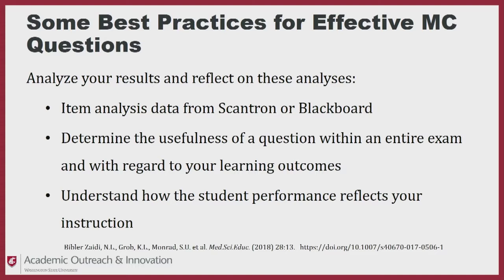Then you have the ability, in most cases, if you're using a test on Blackboard, you can run the item analysis. If you're using an optical scanning system like Scantron or others, you can get information about the individual test question performance.